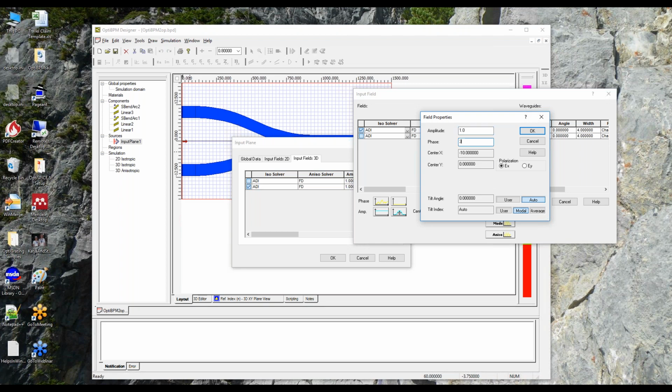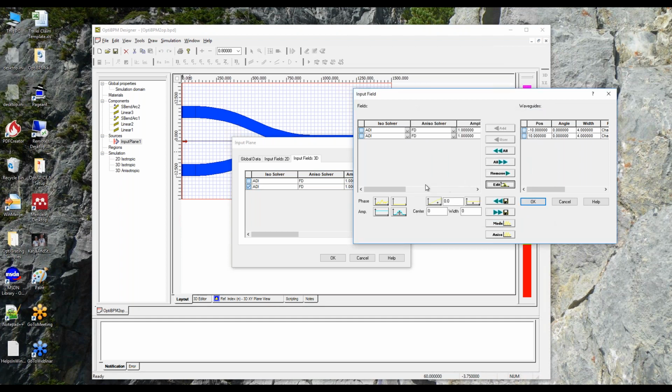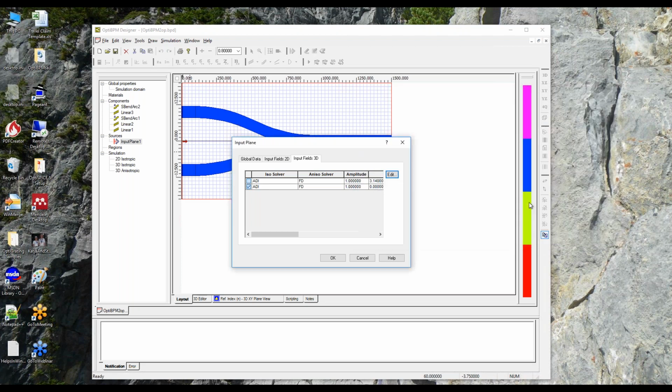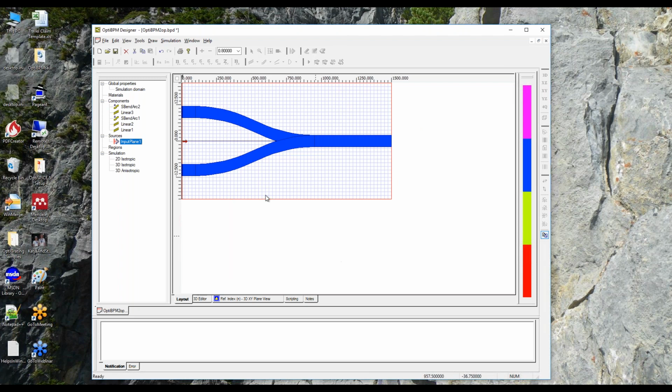Well, let's set this one to the opposite phase, a phase of pi. A phase of pi is 180 degrees. So let's set it that way. So now in our next simulation, we're going to have two waves of unit amplitude, but opposite phase.